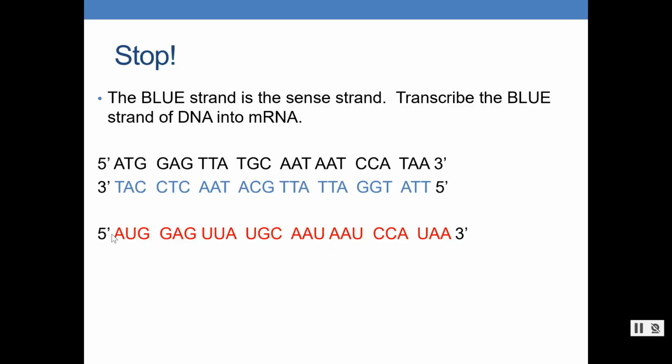So you only get 16 different combinations: AU, AG, AC, and so on. We need to do this in groups of 3. Then we get 4 cubed, 4 times 4 times 4, and we get 64 possible combinations when we use 4 letters in groups of 3. So that's why we do this, and this is referred to as a codon.